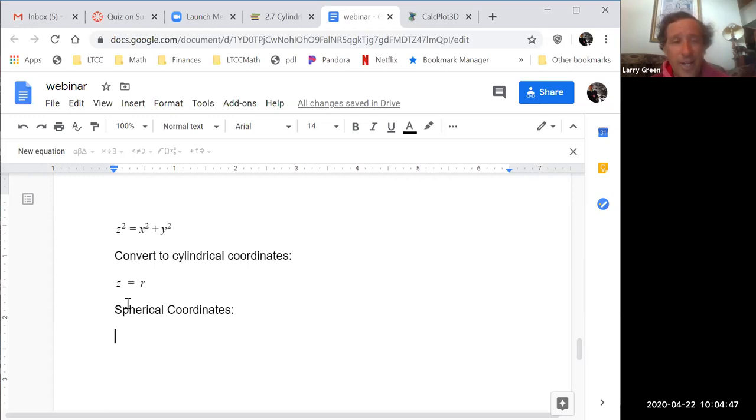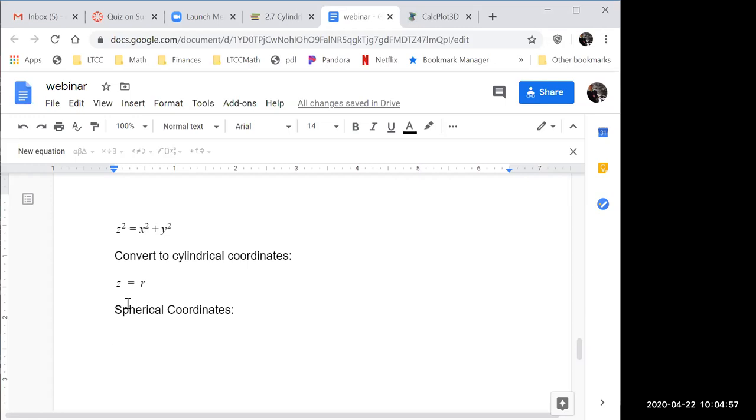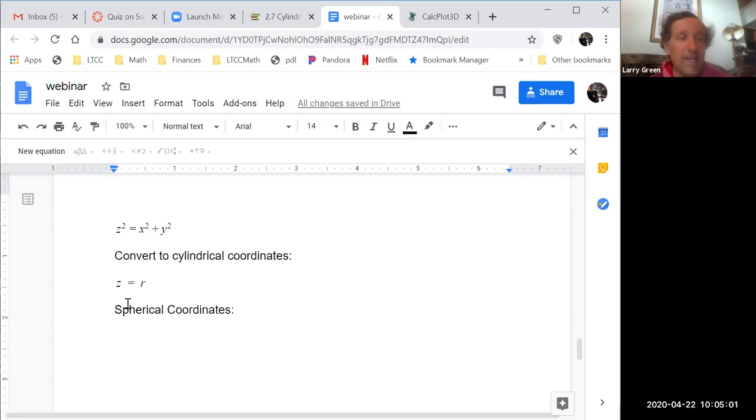If you look at it and you can make your life better, how would you make your life better? Look at the right-hand side. We're looking at z squared equals x squared plus y squared. Start from the beginning. What would you like to see on the right-hand side that's not there?